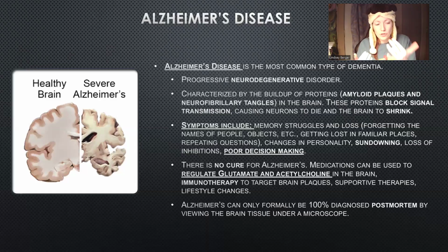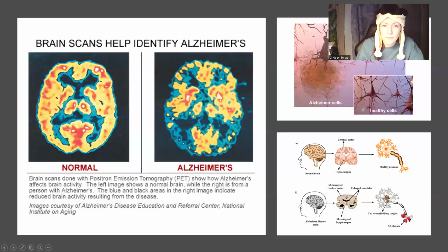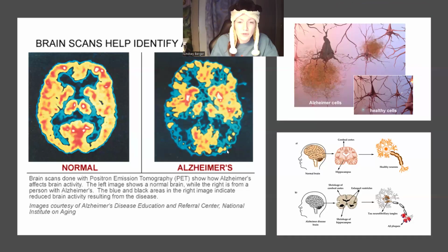Eventually, when a neuron stops getting enough signals, it's like, nobody wants to talk to me, and it will eventually die off, which causes the brain to shrink. Again, it's a snowball effect. So you can see these plaques, especially, and these tangles in the postmortem brain.